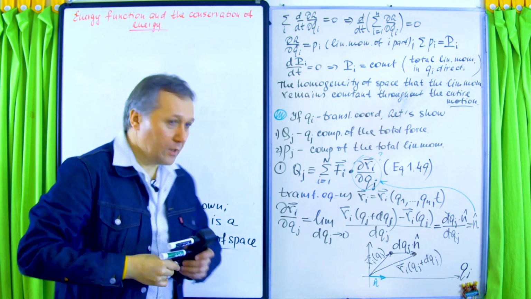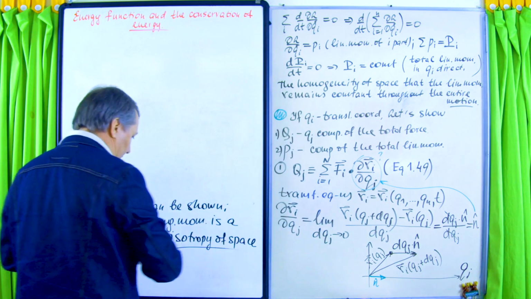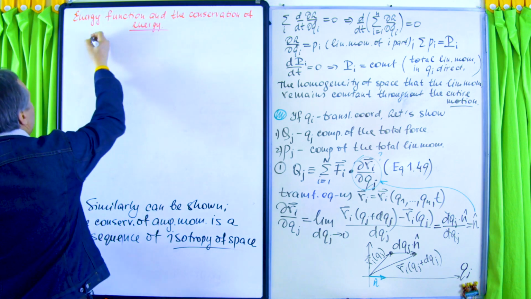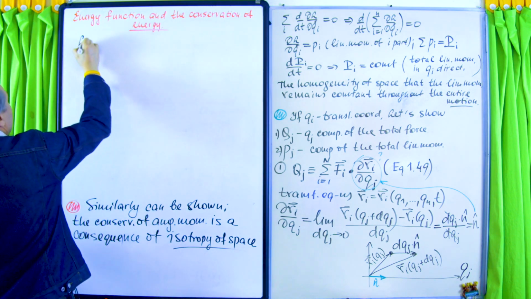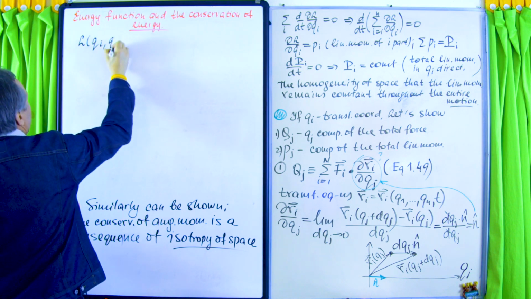Okay. So again, let's assume that we have some system of n particles, right? And some Lagrangian, which describes the behavior, the life of that system.